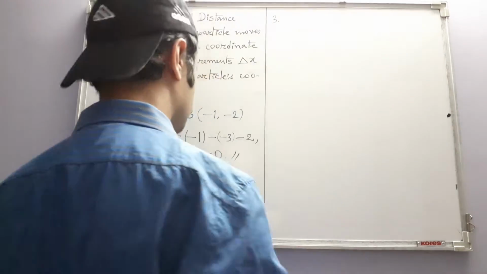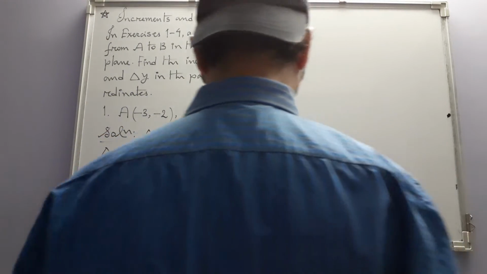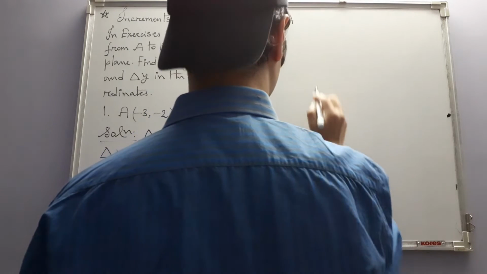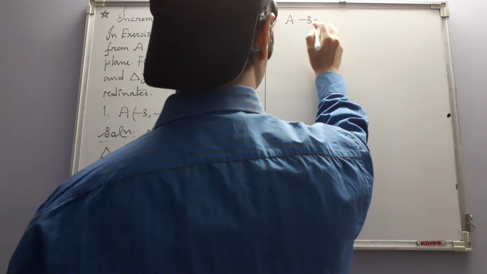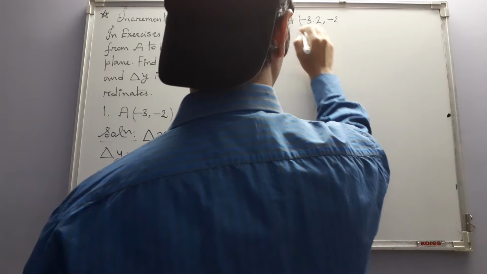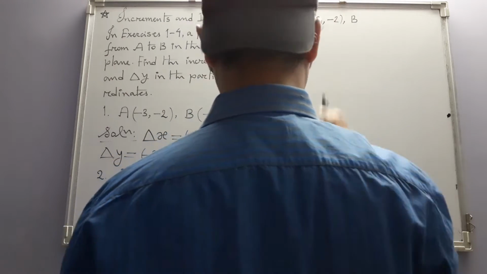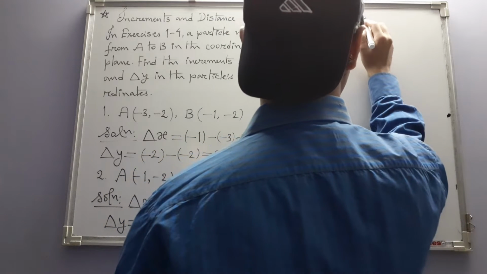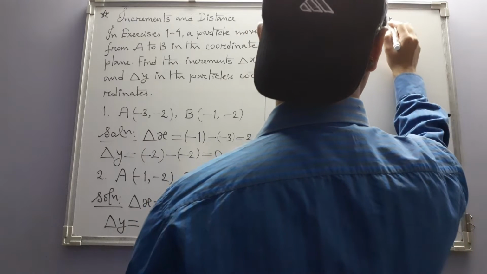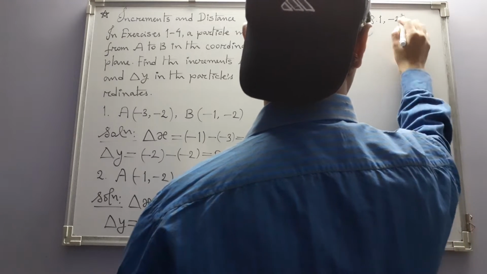Then in 3, the points are A: -3.2, -2, and the final position is -8.1 and -2.